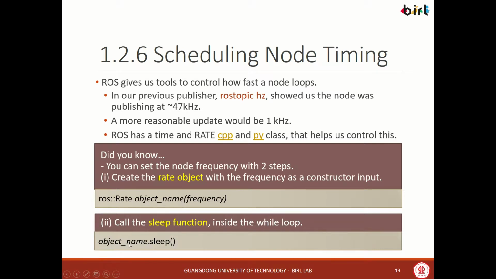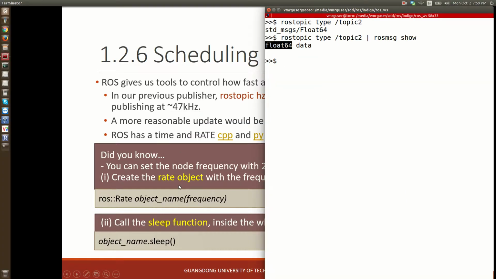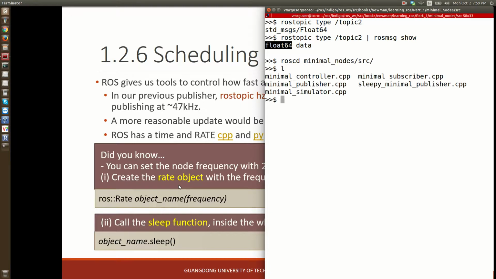For example, object name.sleep. To demonstrate this, we can go back to minimal nodes and to the source folder, and you'll see that here we have a sleepy minimal publisher. Okay, so we can open that one.